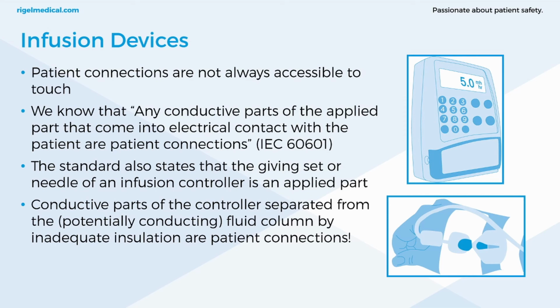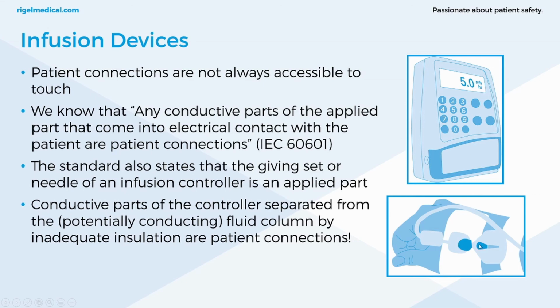The standard also states that the giving set or needle of an infusion controller is an applied part. Conductive parts of the controller are separated from the potentially conducting fluid column by inadequate insulation of patient connections. So that tells us that the conductive parts of the controller, the parts on the infusion device that are touching the giving set, are your patient connections, not the giving set itself.